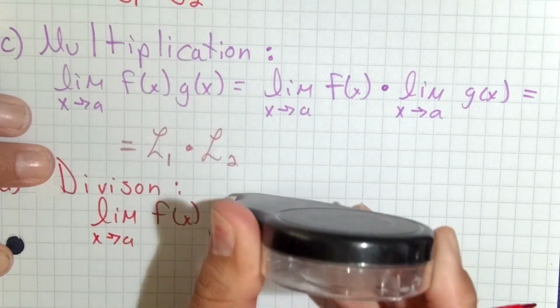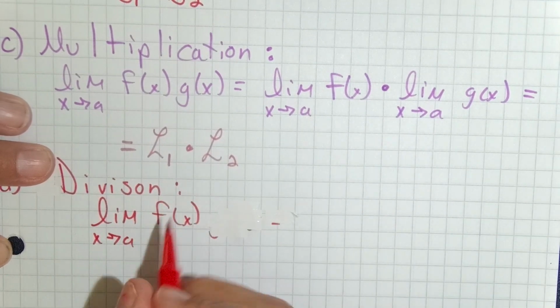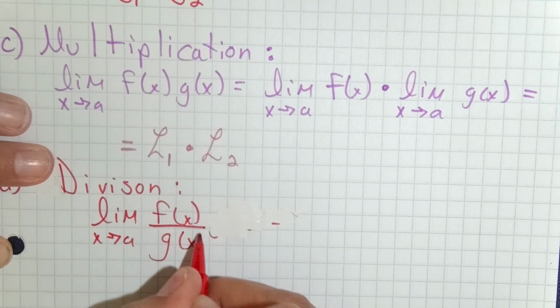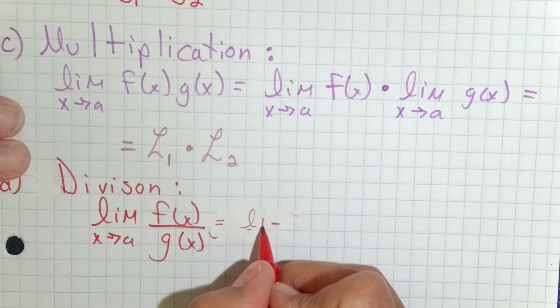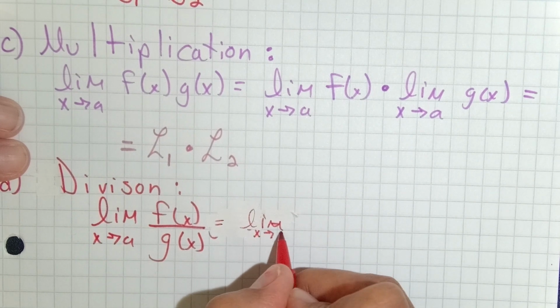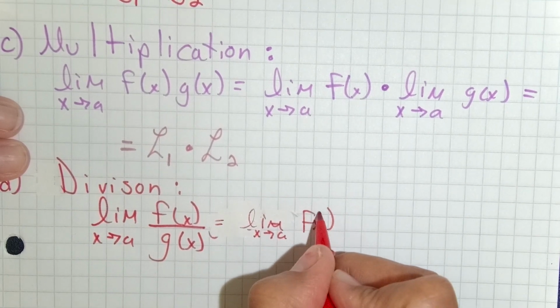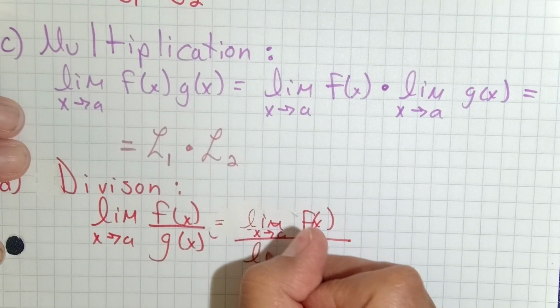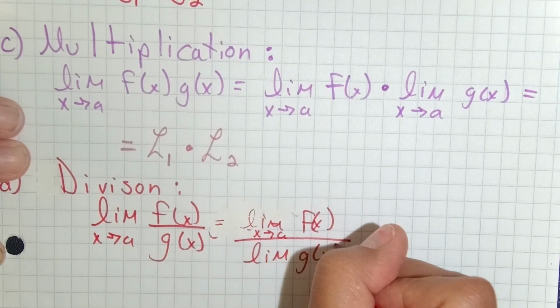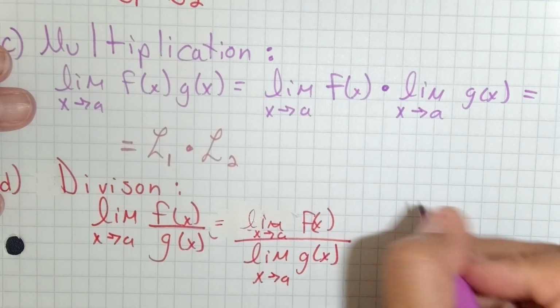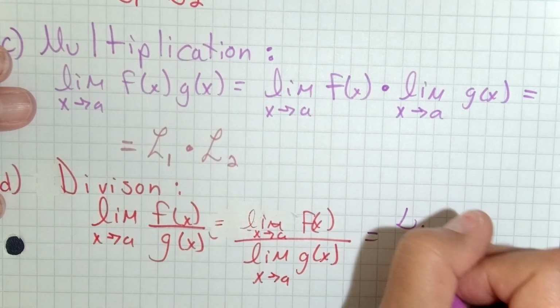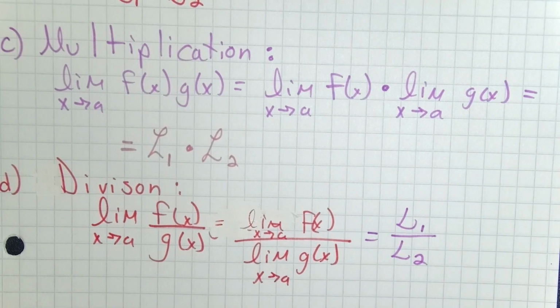I was going too fast for my own good. It will be equal to the limit as x approaches a of f of x in the numerator over g of x in the denominator. Which means that all we're going to do is divide the 2 limits.